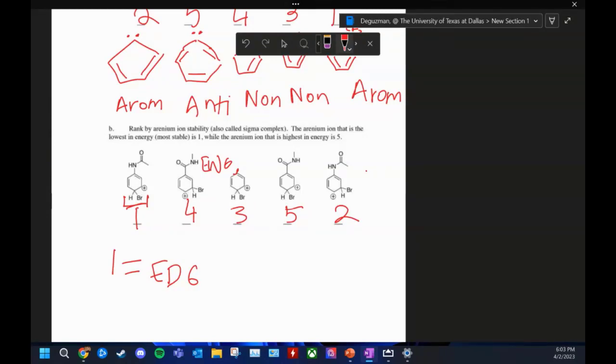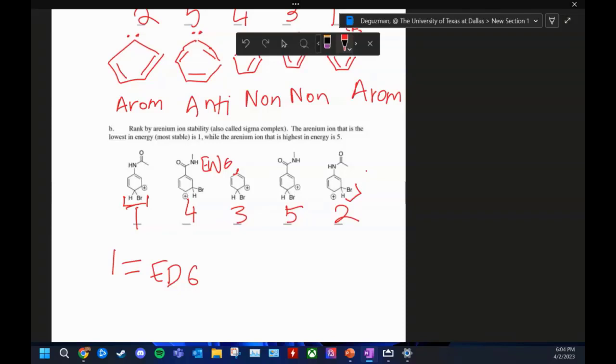Whereas the one on the right, the bromine is in a meta position, right? The electron donating group, which is that amide, is ortho para directed. But we have it added to the meta position. So that's why that is less stable than the para position of that bromine. So that's another thing about it.